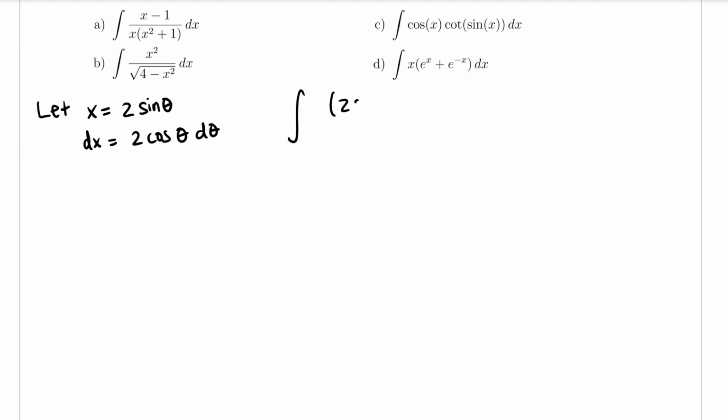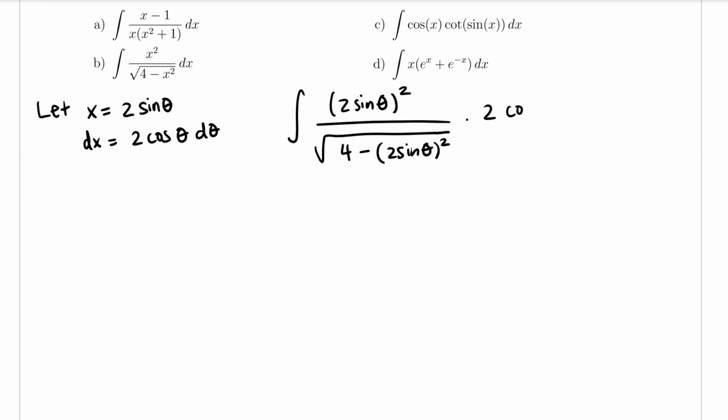We'll have 2 times sine of theta quantity squared over the square root of 4 minus 2 sine theta quantity squared, and then we're replacing dx with 2 cosine of theta d theta. And then we can go ahead and do some simplification.